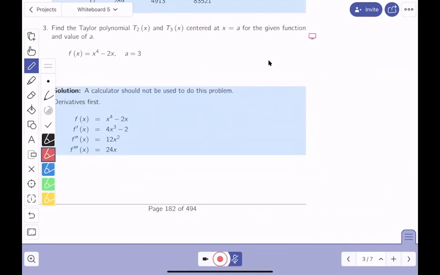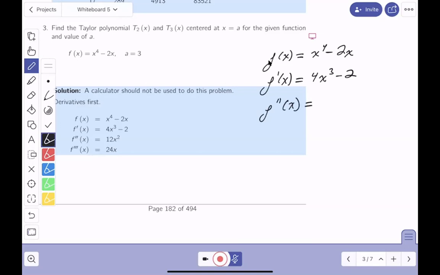So what's f of x? It's going to be x^4 minus 2x. Nice thing about polynomials, derivatives get easier over time. And what do you get there?